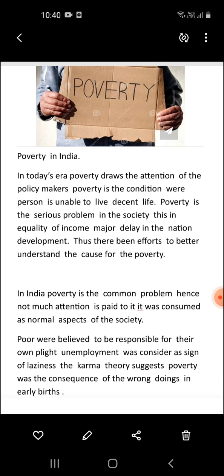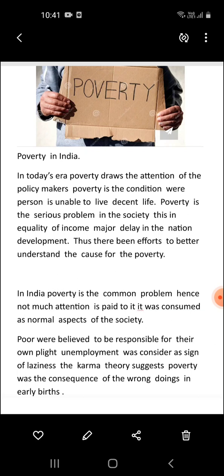Poverty is a serious problem by raising divisions in the society into rich and poor. It often leads to increasing concentration of wealth. As I told you, the concept of poverty has created two divisions in the society. One is the rich who have lots of money.